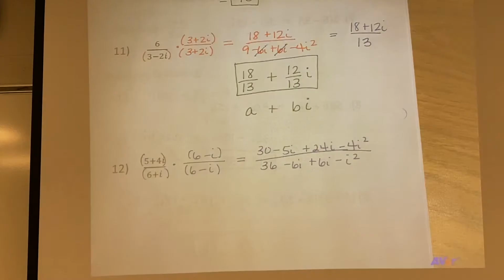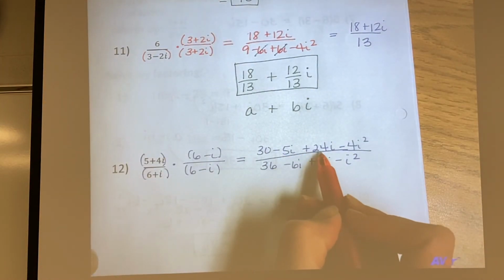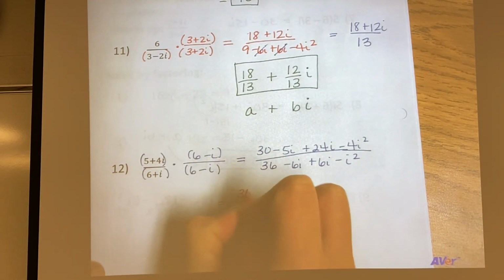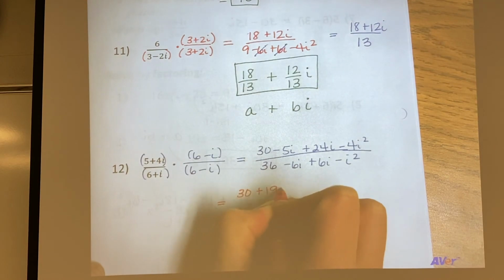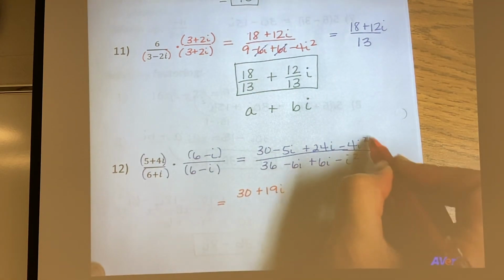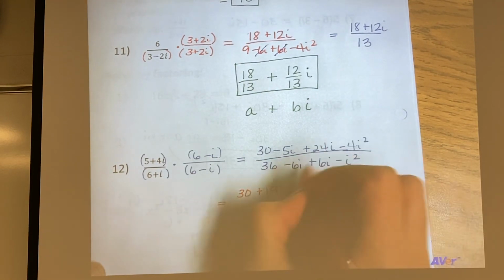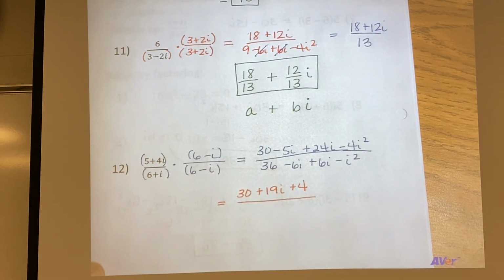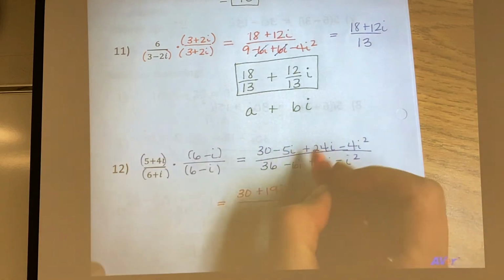So in our numerator, we can combine the negative 5i and the 24i. So we'd have 30 plus 19i, the negative 4i, remember i squared is negative 1, so times negative 4 would be a positive 4. And then the 6i's in the denominator divide out.